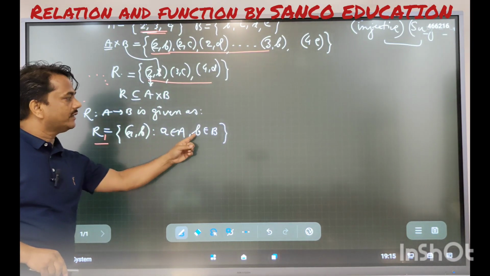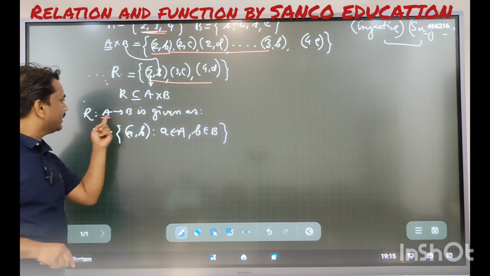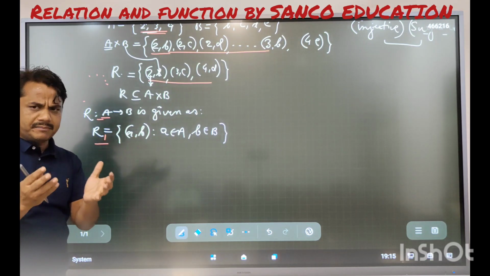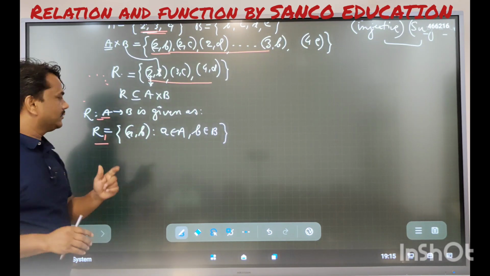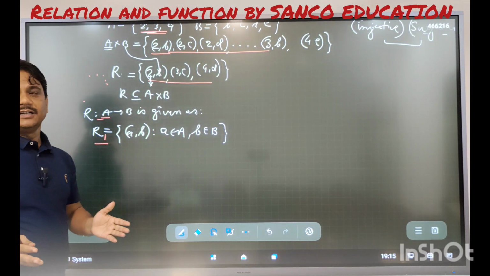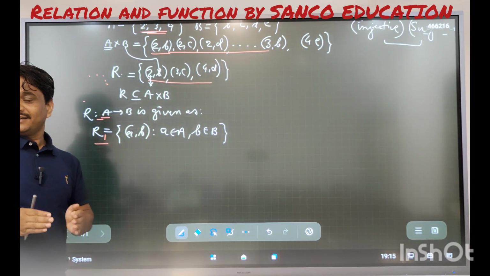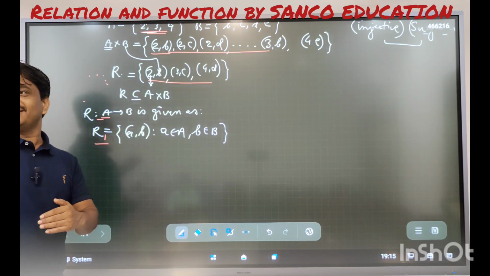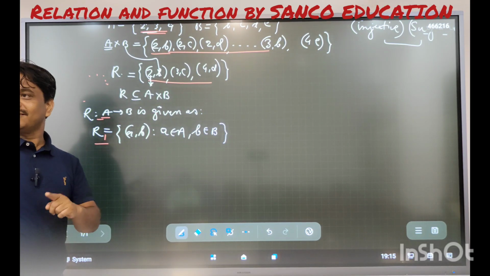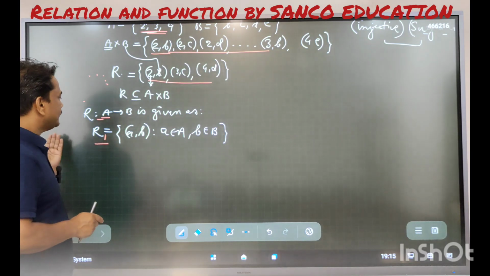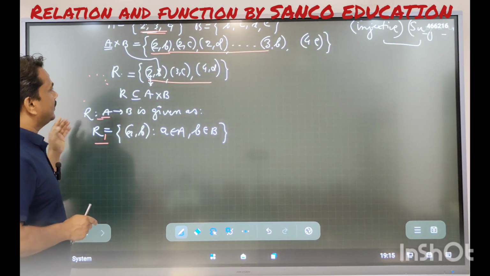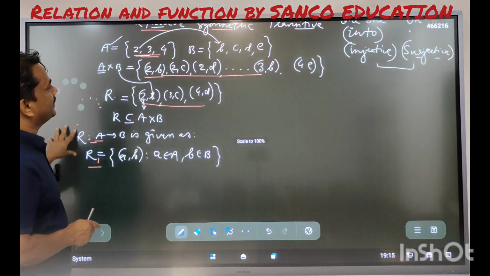It's not necessary that all the members of A will follow that relation. Some members can follow. So a relation is a collection of ordered pairs taken from the Cartesian product of sets A and B. This we have revised from the 11th class.